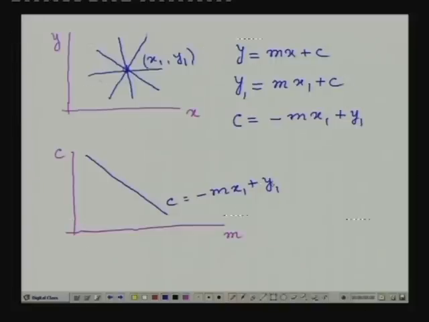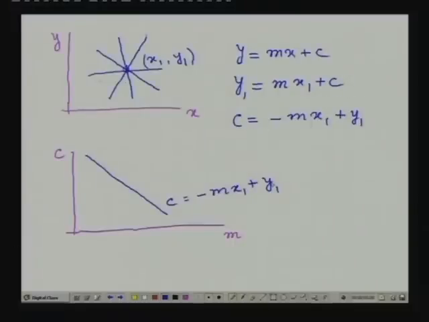So, we have seen two cases: in one case a straight line in the x y plane is mapped to a point in the M C plane, and in the other case, a point in the x y plane is mapped to a straight line in the M C plane.